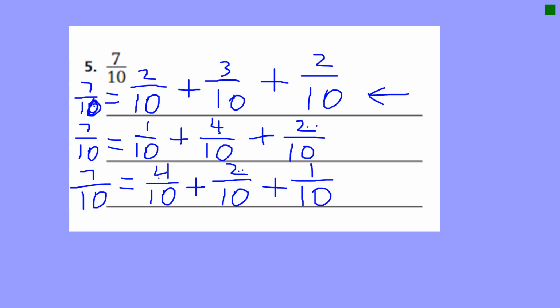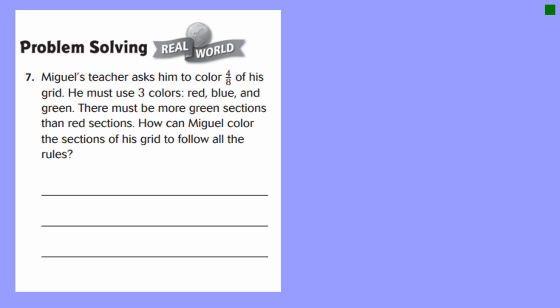All right, here we go. Now we're down at problem solving. It says Miguel's teacher asks him to color 4/8 of his grid. He must use 3 colors, red, blue, and green. All right, so here I am now. Keep reading along. There must be more green sections than red sections.